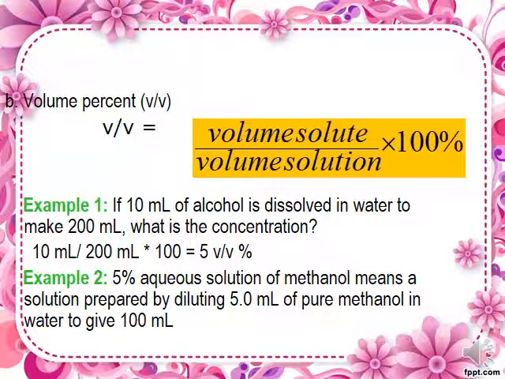Next example is volume over volume. If 10 ml of alcohol is dissolved in water to make 200 ml of solution, what is the concentration of this 200 ml? So 10 ml divided by 200 times 100, so it's actually 5 volume over volume percent of alcohol.